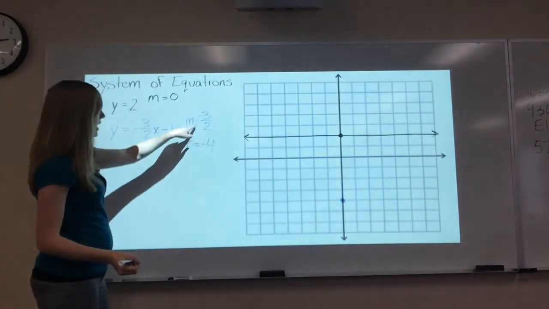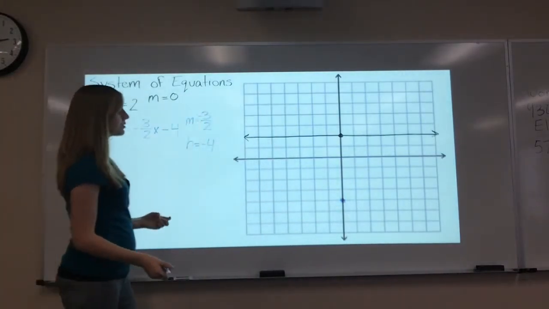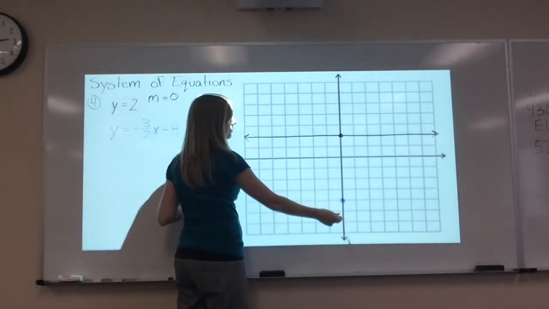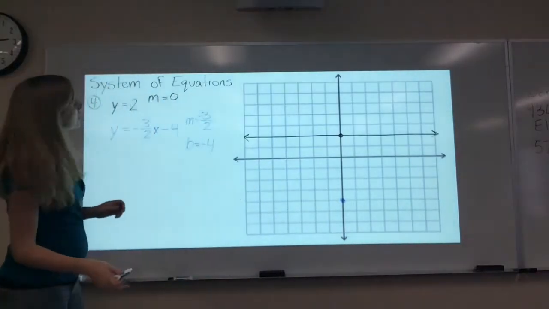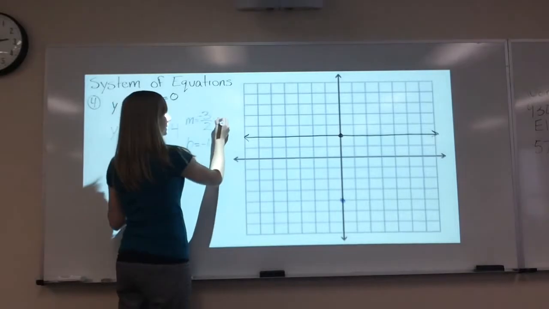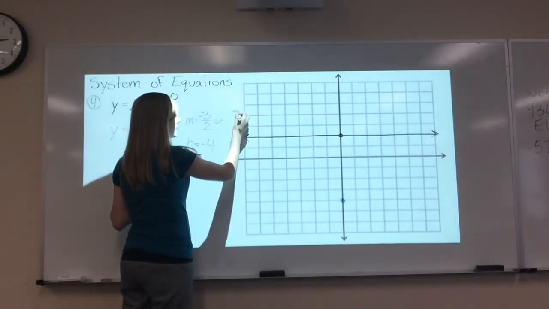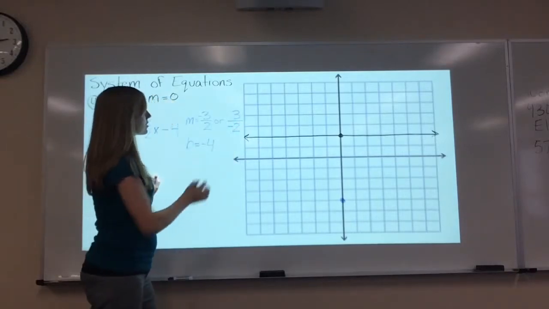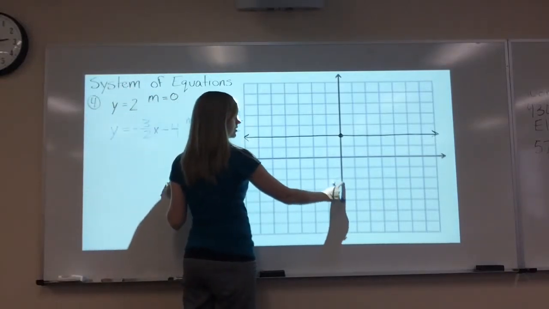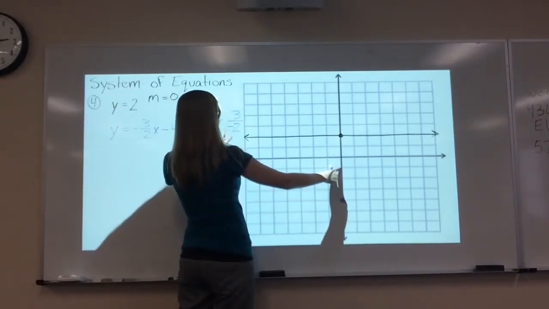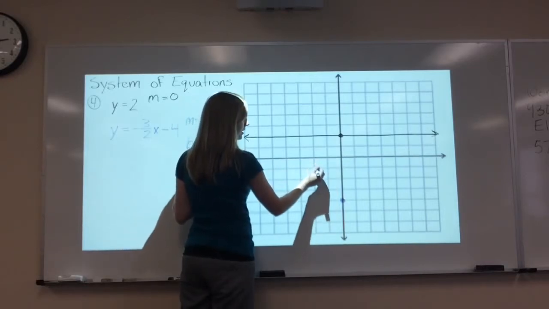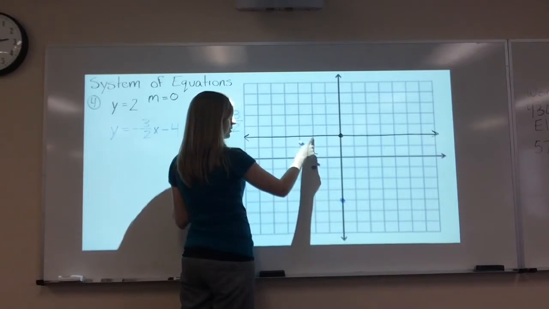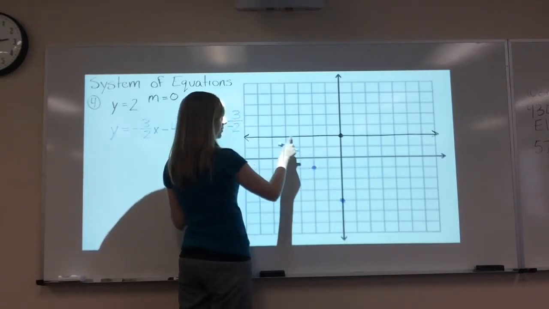After that, my slope is -3/2. Well, if I try to go down 3, we run out of room. So let's do the opposite. We'll do +3 over -2. So that means up 3, 1, 2, 3, to the left 2, 1, 2. And then we can do it again. Up 3, to the left 2.